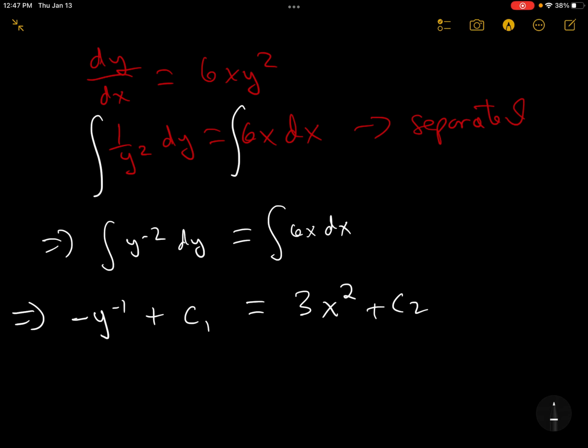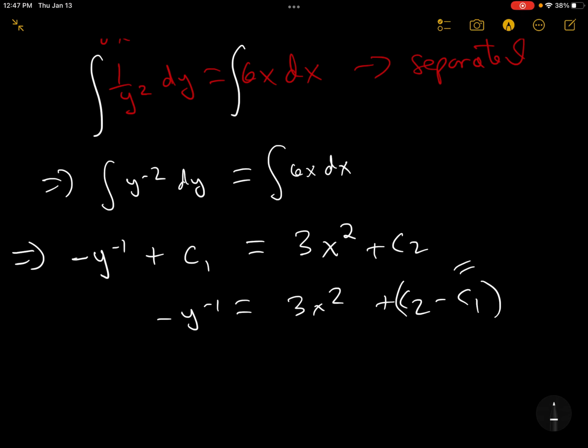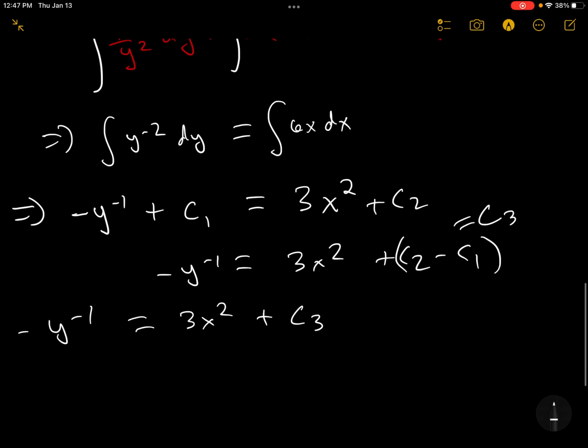All right. Because people always ask about this, I'm going to bring that constant on the left over to the right, and I'm going to let it be c3. So now I have minus y to the minus 1 equals 3x squared plus c3.